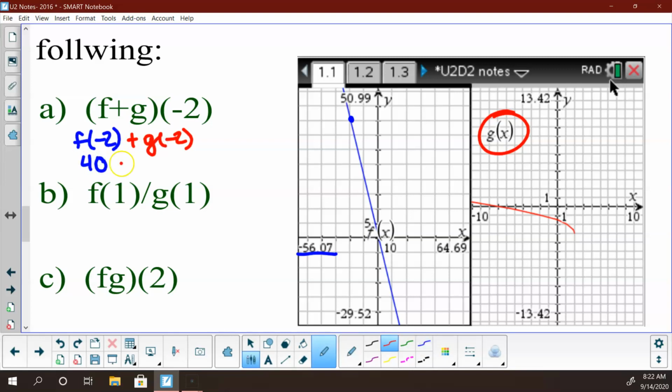And then I got to come over here, because the blue graph matches with f and the red graph matches with g. On this one, I have to go to negative 2, and it looks like it's down here at negative 1. So we're adding a negative 1. Final answer is going to be 39.